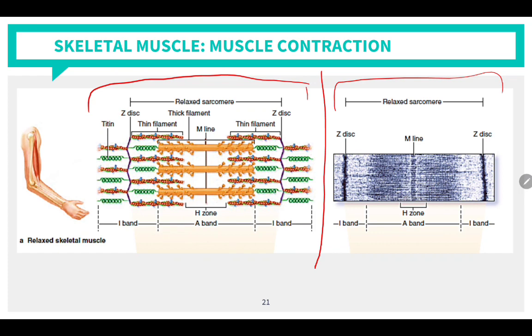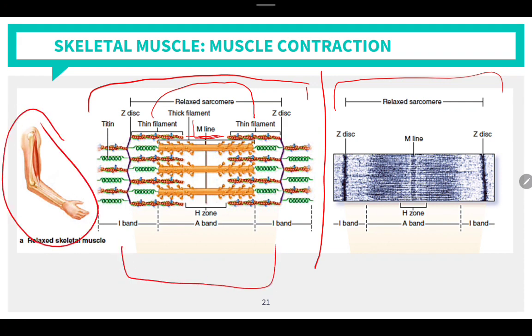Can you appreciate that the thin filaments here are far from each other, far from the thick filament? They are not joined together because it is in the relaxed state. That means there is no nerve impulse that will cause the calcium to be released in the sarcoplasm. So this is their normal state, and this arm of ours is in a relaxed state.